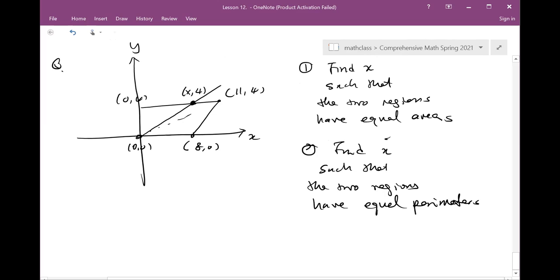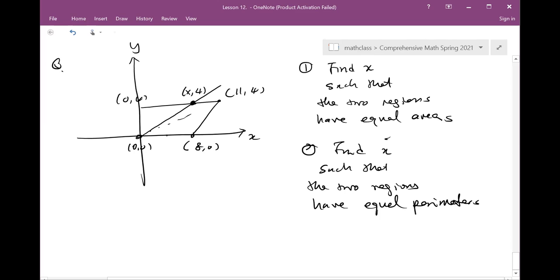So why does the diagonal not give you the equal perimeter? For the diagonal, the one below maybe has a shorter perimeter, so you have to move the point to the left a little bit.